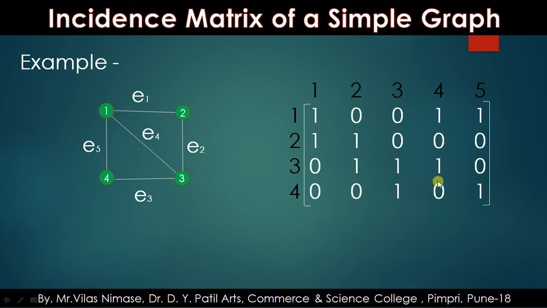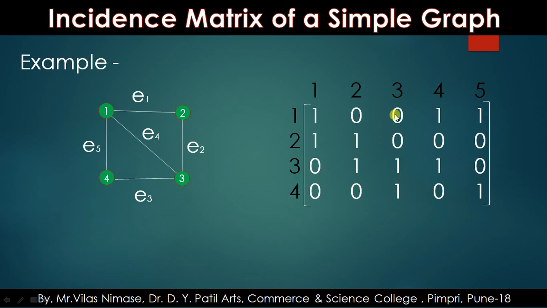Now in graph edge E3 joins vertex 3 and vertex 4. Therefore, in incidence matrix, the entry at third row and third column and entry at fourth row and third column both are 1, and all other entries in third column are 0.